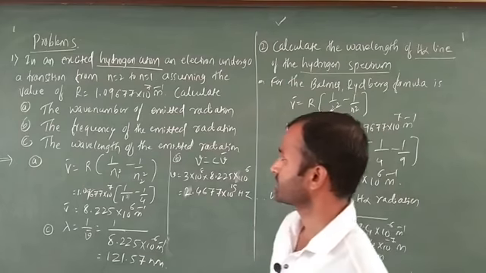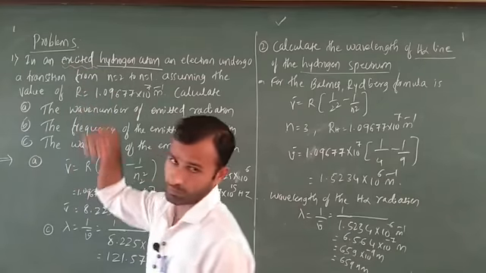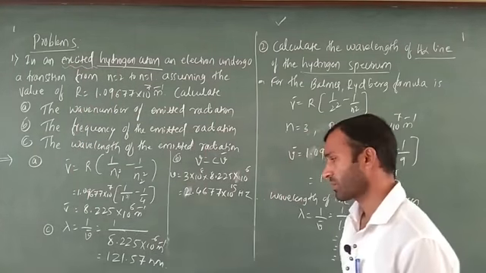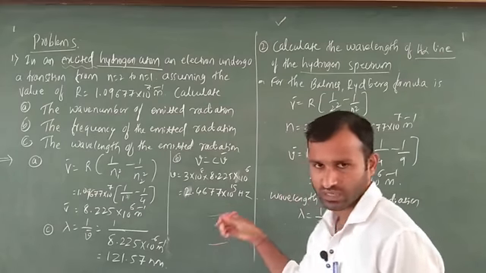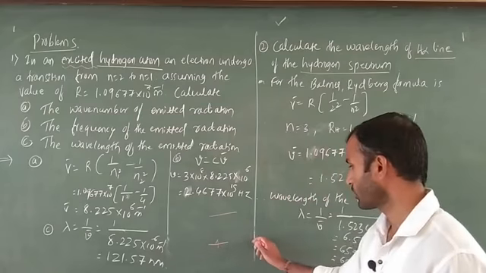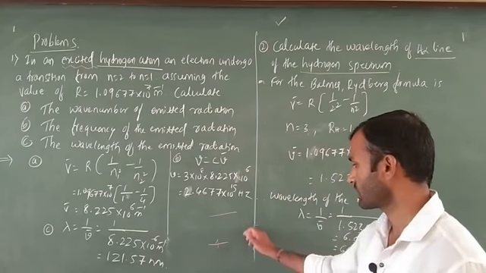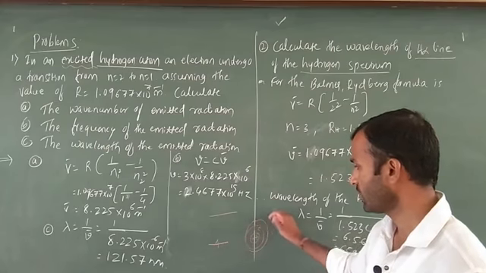Okay, here in this case the problem is: in an excited hydrogen atom. Excited means what? Just see here, I explained that point already. Here an electron is there. You know about the line spectrum: this is a nucleus, and the electron revolves around the nucleus. When I pass some amount of energy, the electron moves from lower energy to higher energy.